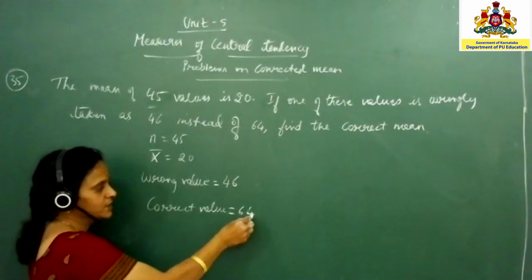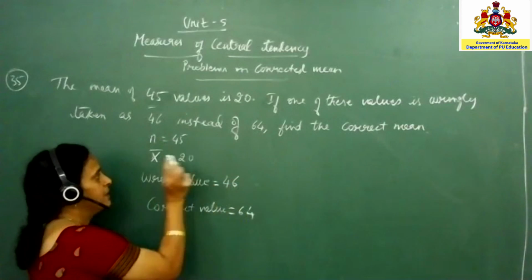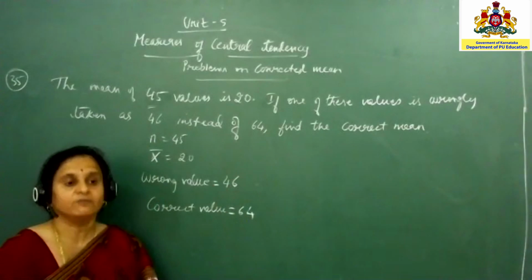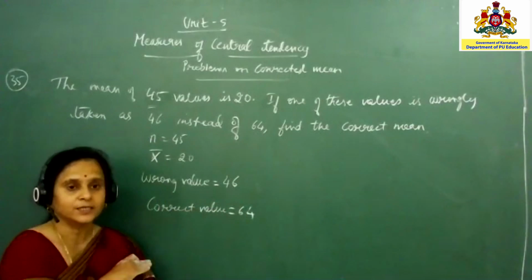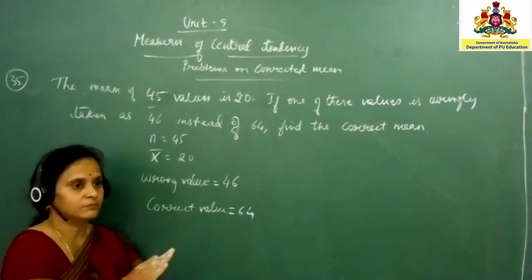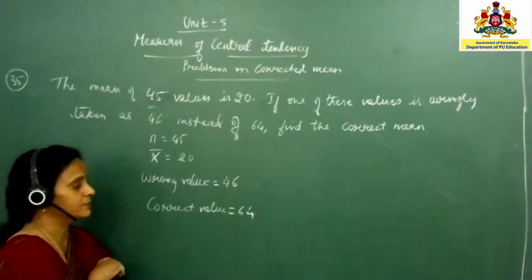Instead of 64, I am taking 46, and if I work out the problem, I am getting the mean value as 20, which is wrong because I have taken 46, the wrong entry, instead of the correct entry. So I should work out some method to get the correct one.